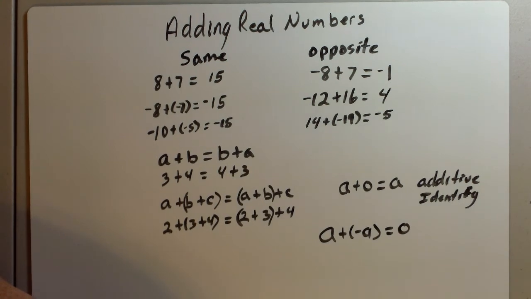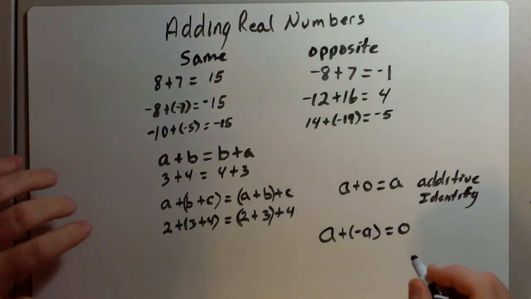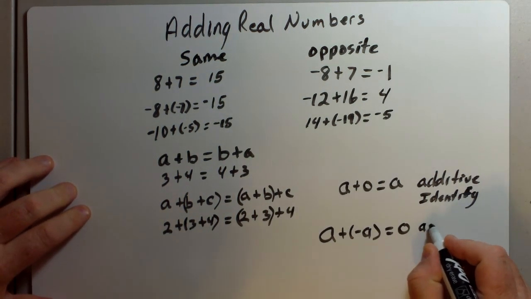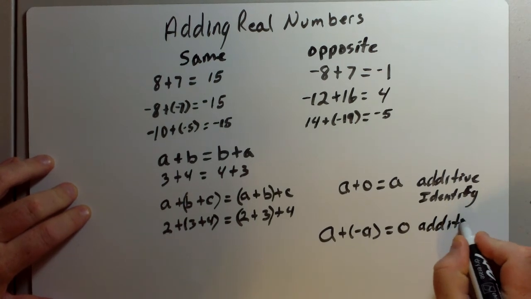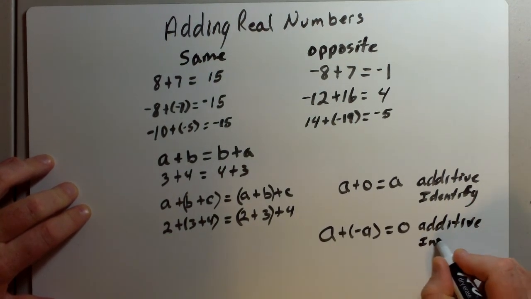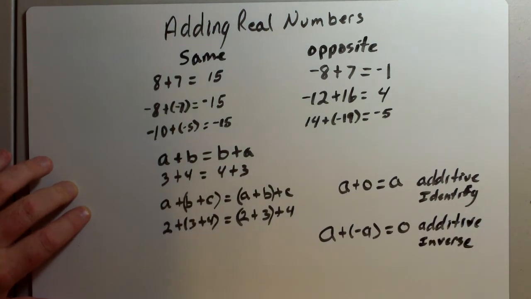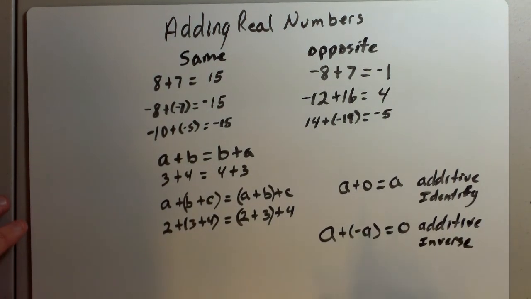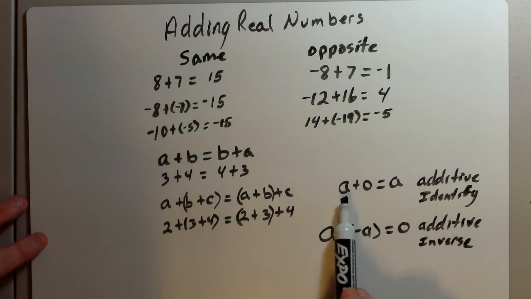Now we call that the inverse property, but we can also say that it is also called the additive inverse. Okay, so you got the additive identity, so any number plus 0 always equals itself. And the additive inverse, which is any number plus its opposite, always equals 0.